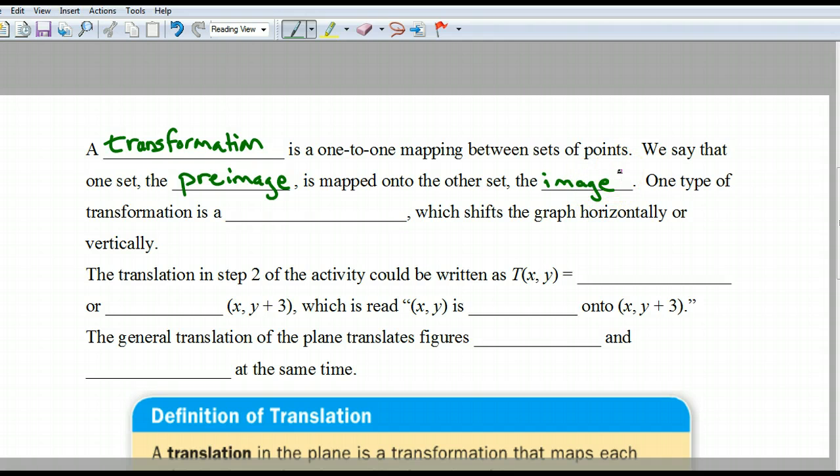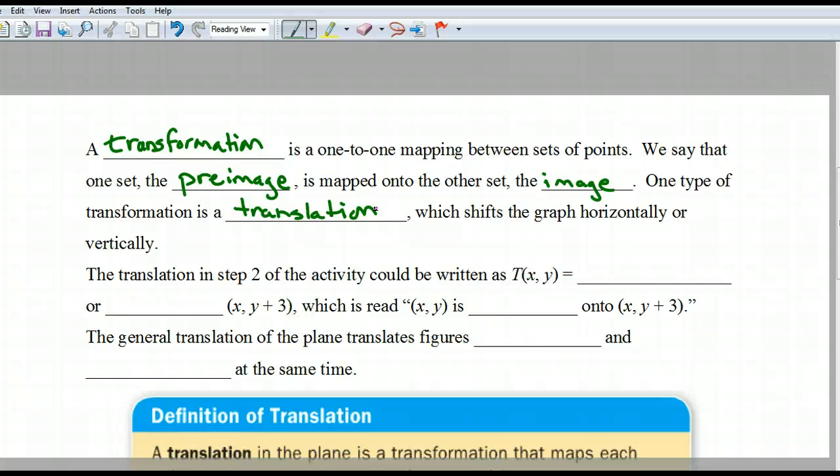One type of transformation is a translation, which shifts the graphs horizontally or vertically. What we just did on our warm-up was translating.